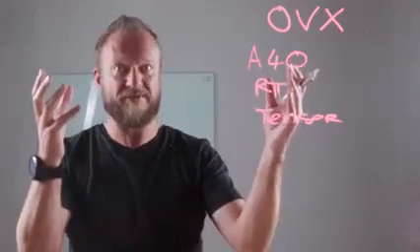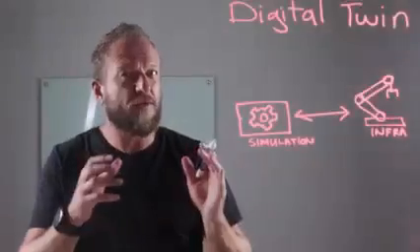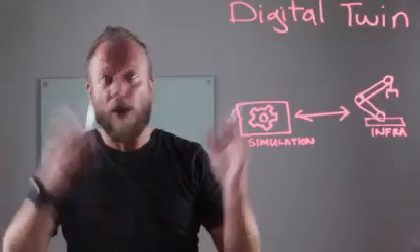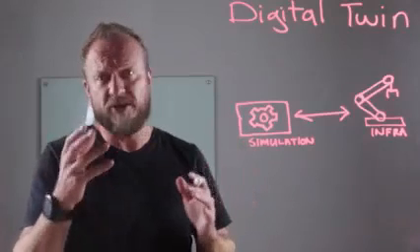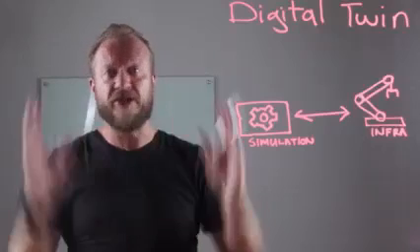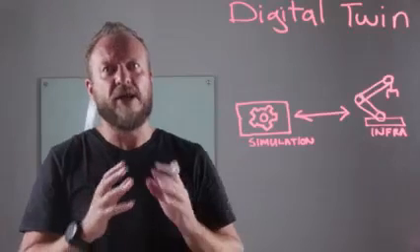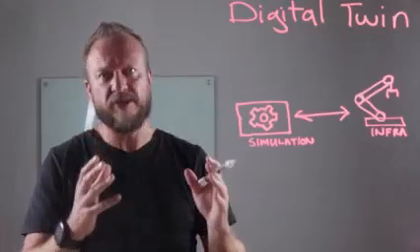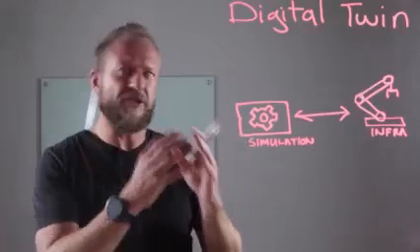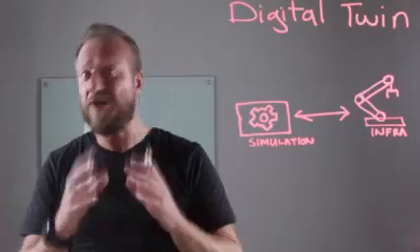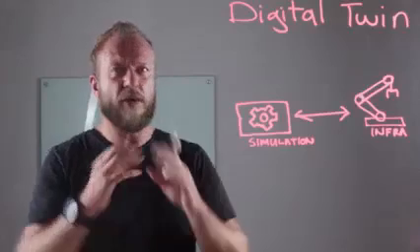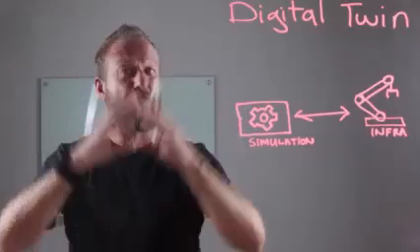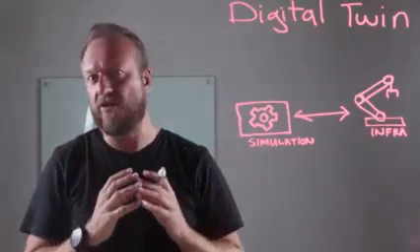So what's the application of Omniverse and OVX in the real world? Well, one of the ways this is used to really revolutionize various industries is by creating digital twins. Now, the concept of digital twins is not necessarily new, but with this new technology, specifically in the A40, we can start elaborating and really enriching what we do with digital twins.